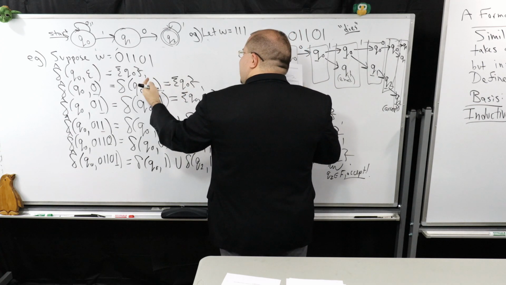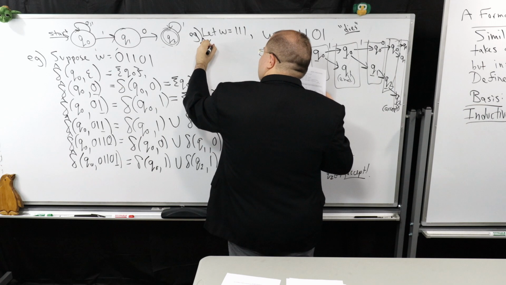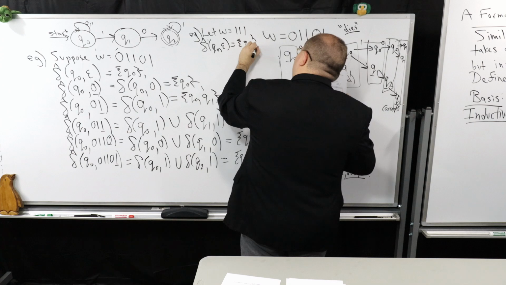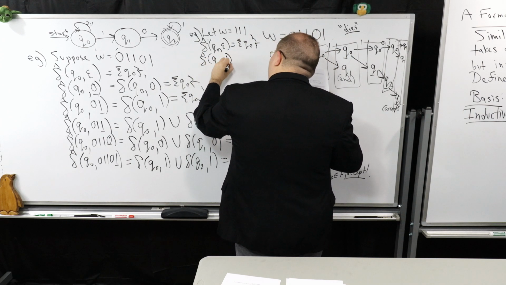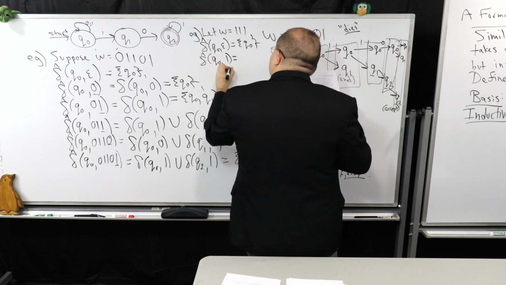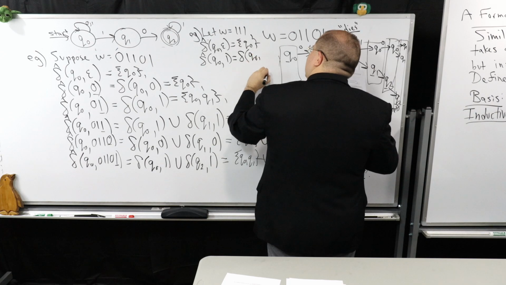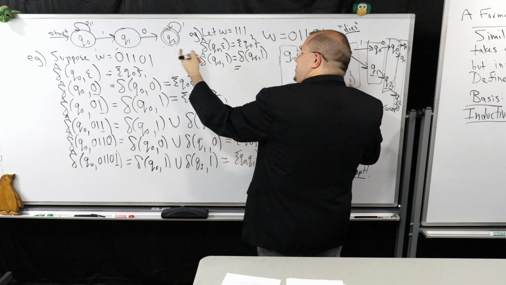I would do the same calculation as with the empty string. Delta hat of Q0, epsilon just gives me Q0 like before. I read a 1, so Q0, 1. Now, this is just me computing the delta of Q0 given 1. What's that? That's just Q0, Q1, right?